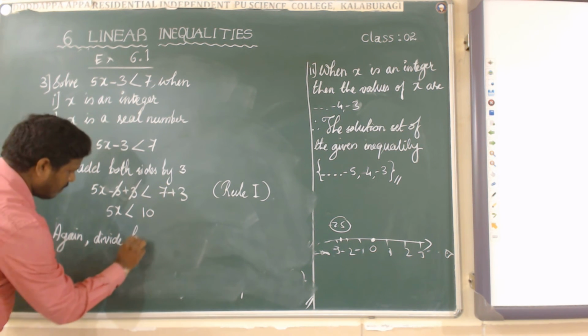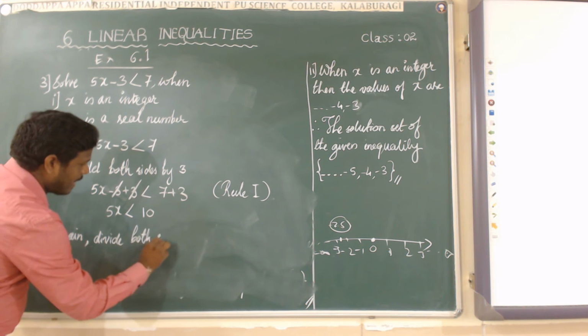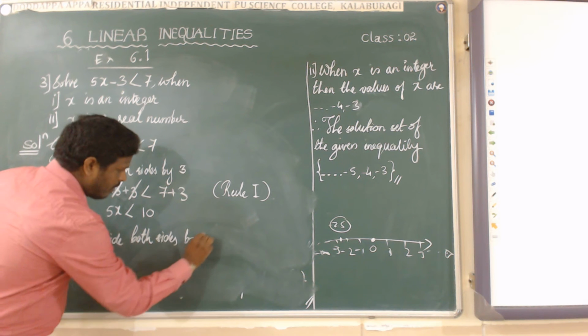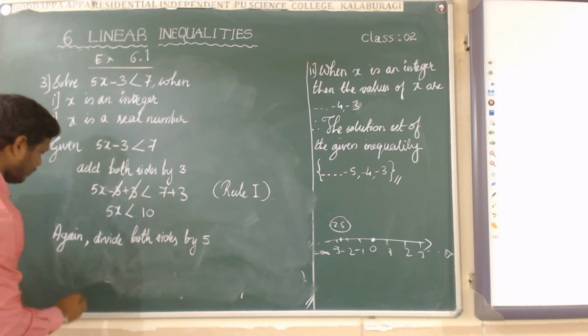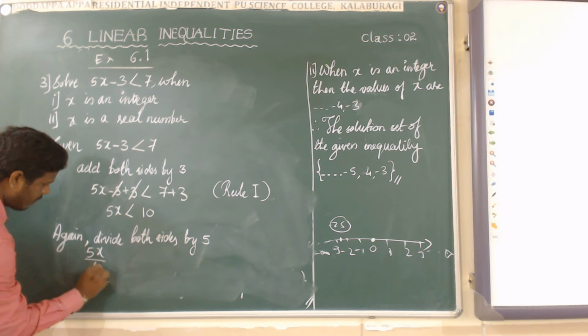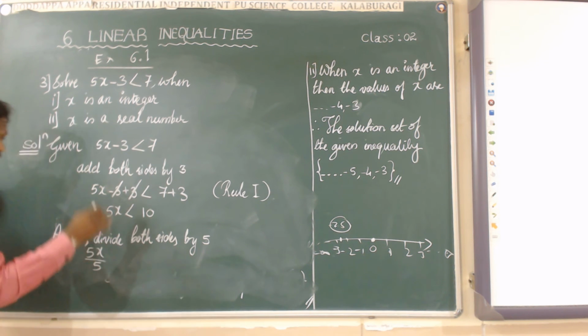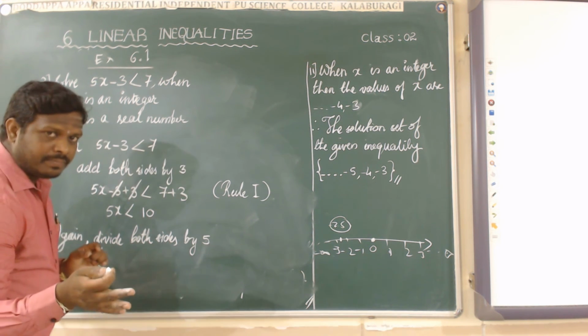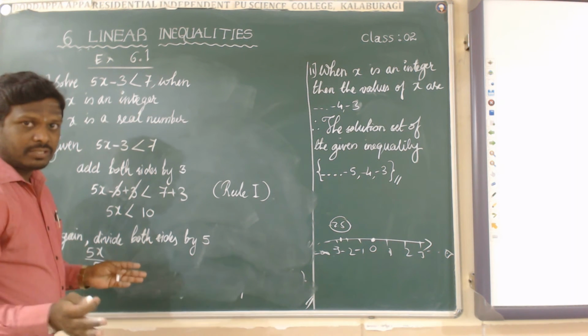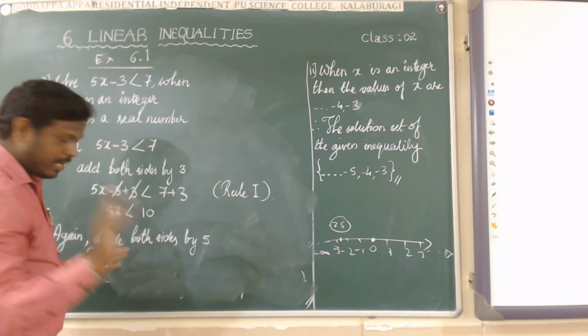Now next, again divide both sides by 5. We get 5x by 5. When we are dividing by positive values, the sign of inequality will not reverse, it is not affected.